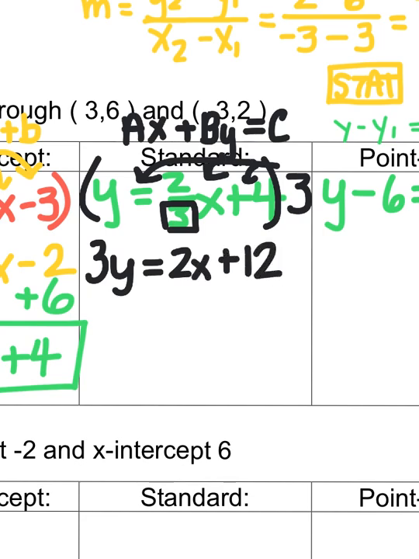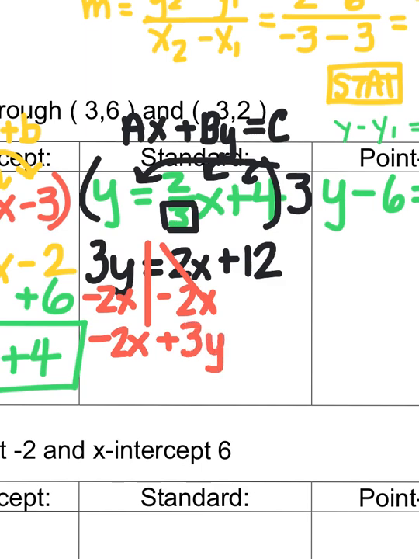Notice in standard form, the x's are on the same side as the y, so I will subtract 2x from each side, and I'm going to rearrange this so that 2x comes first. Now I'm almost there.